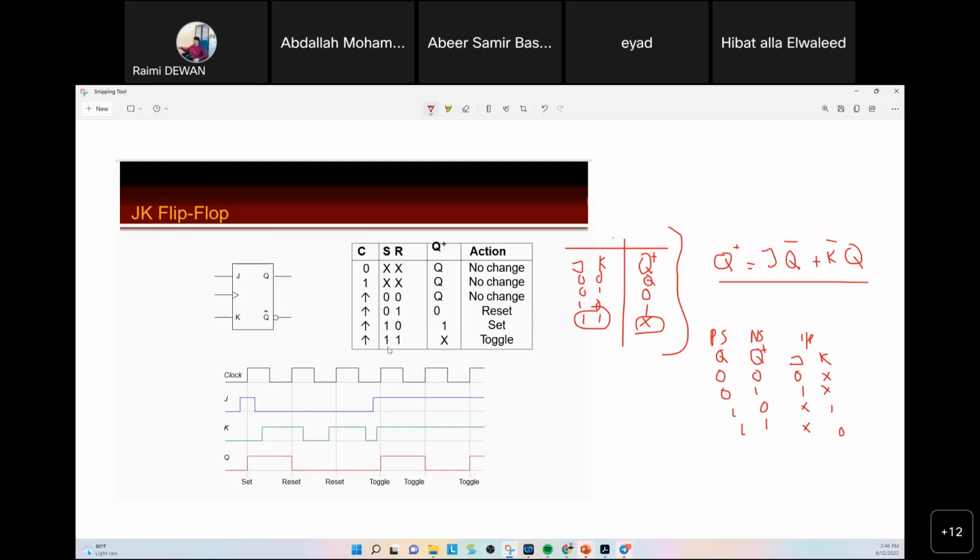And then at the next 1, 1, when it's a rising edge, it toggles. So from 0 it toggles to 1. And so on. So this is the characteristic equation of our JK flip-flop. You can see it's like an XOR operation.